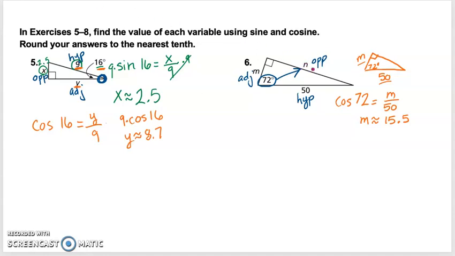We ask ourselves which one uses opposite and hypotenuse, and that would be sine. So the sine of 72 is equal to opposite n over hypotenuse 50, and then you multiply 50 times sine of 72, and that gives you approximately 47.6. So we will continue this in the next video.